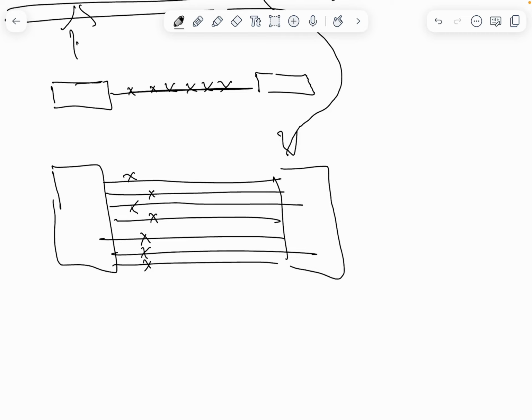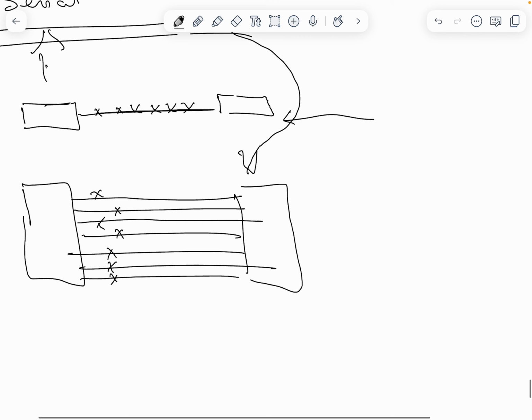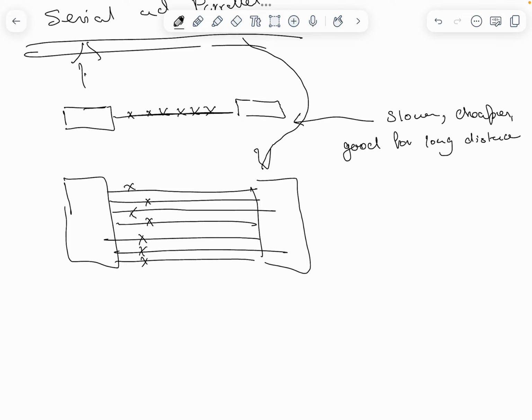They both have their advantages and disadvantages. For example, serial is slower in comparison to parallel, but it is cheaper, and it's good for long distances. Serial is also less prone to interference.